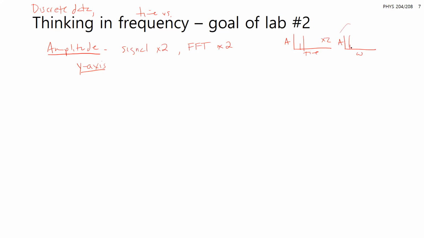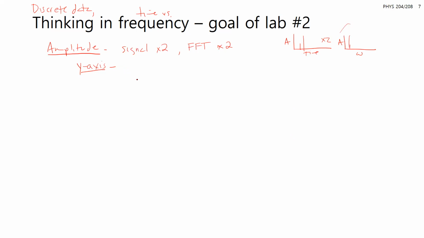But realize that the y-axis in the frequency domain, unlike in the time domain where that might be voltage, is not going to be voltage. The y-axis has to do with the components or the magnitude of the contribution at a given frequency. If we're talking about sines and cosines, it would be that lowercase a, that lowercase b, or the capital A that we were talking about, capital C, depending on your notation.